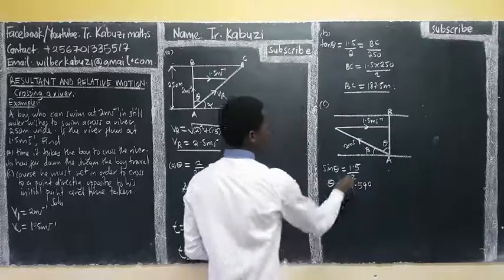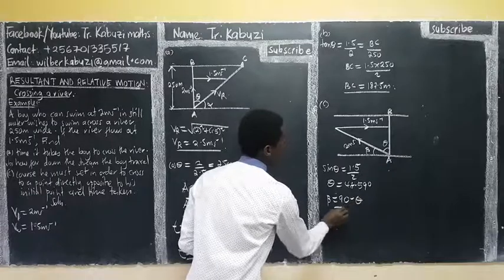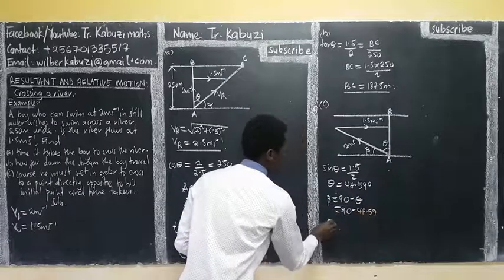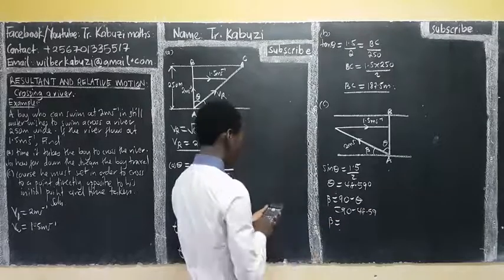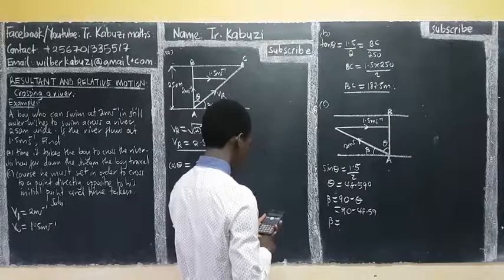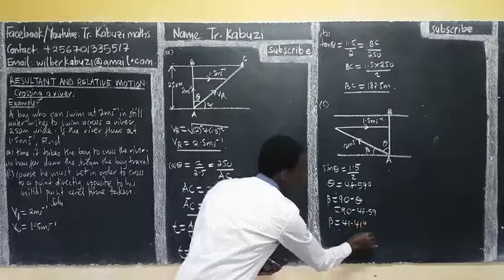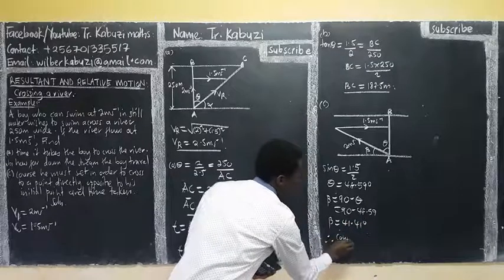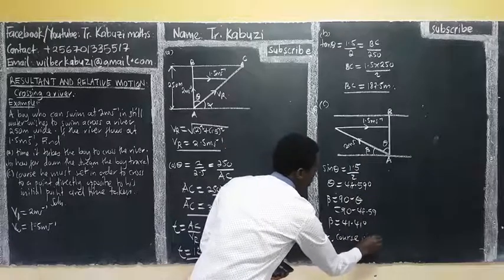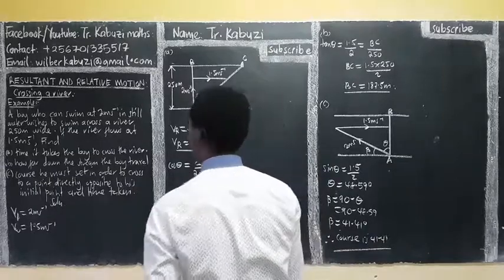If I have theta, then my beta will be 90 minus theta, which is 90 minus 48.59. So my beta is going to be 41.41 degrees. So this is the course. The course is 41.41 degrees.